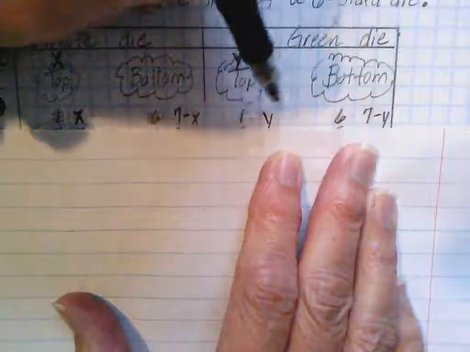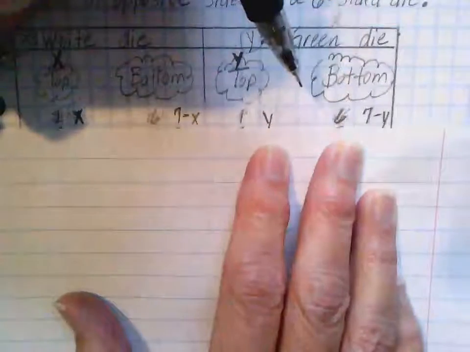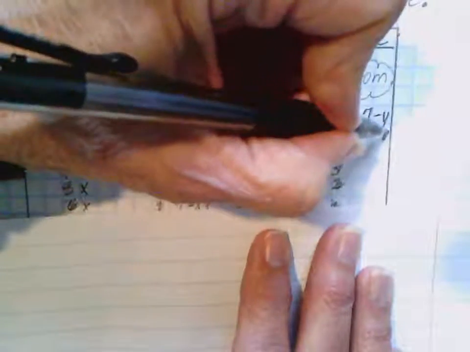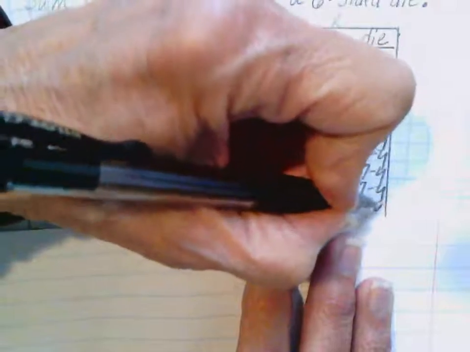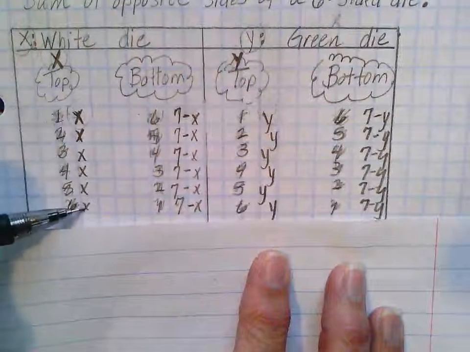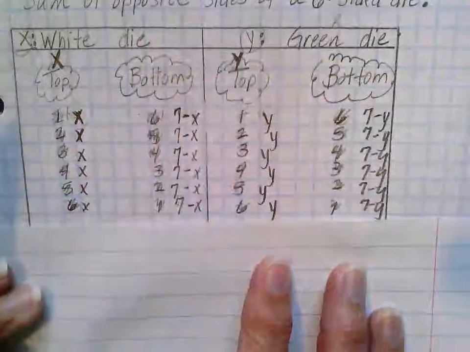And then to get the other number, I would again simply take my value of Y and subtract it from 7, and I would get this value. So all the way down here, I'm going to write 7 minus Y. So I've renamed these in terms of X's for my white die and Y's for my green die.